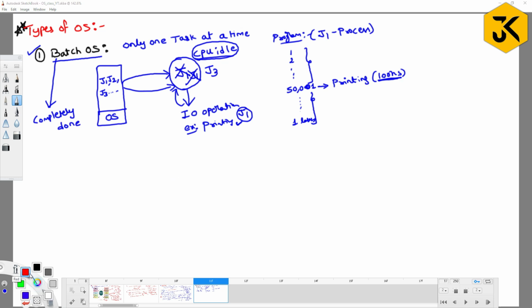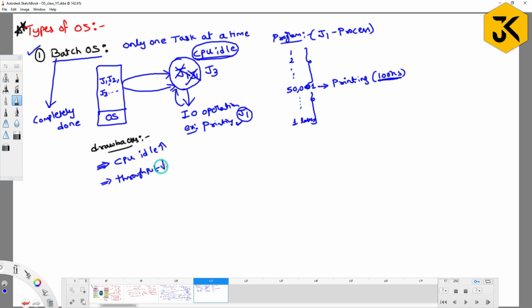If you are able to understand this, what might be the drawbacks of batch operating system? One is that CPU idle time is more, right? And one more thing is throughput is going to be less, guys.